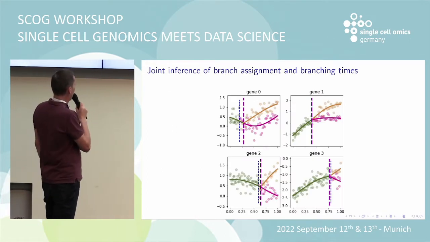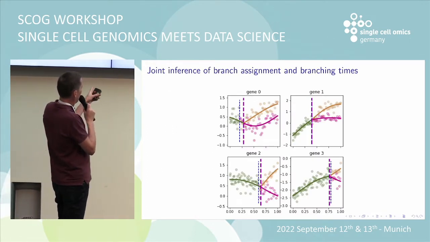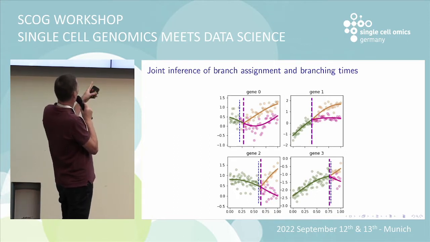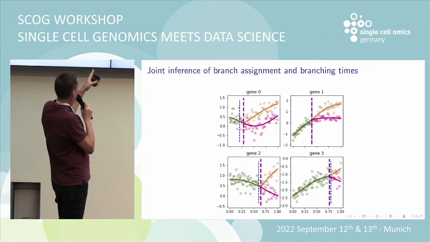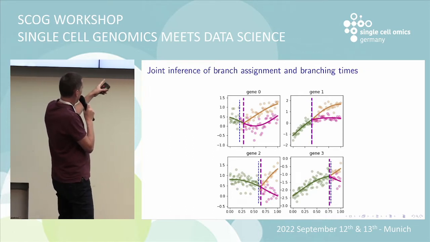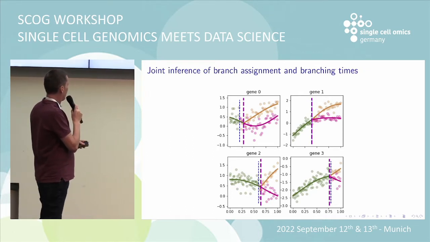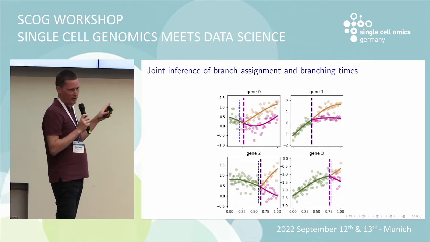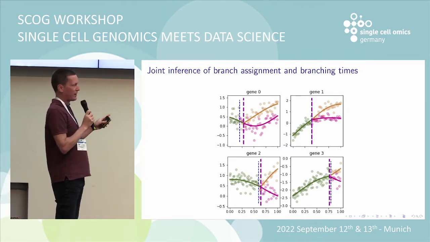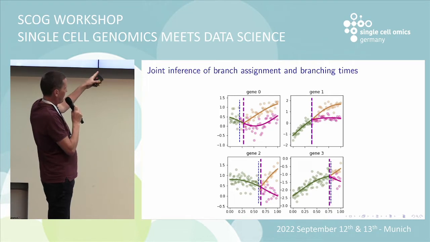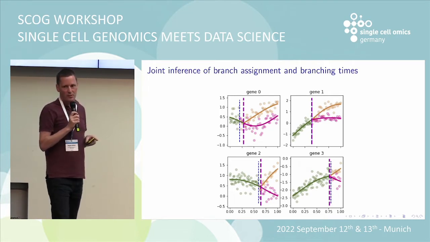So here's an example of how that looks. It's not come out so great, but the idea is that the ground truth is in kind of magenta. I think blue is the inferred branching time. So you're inferring where the genes are branching. But you also have to infer the labels, which is the colors on the blobs.